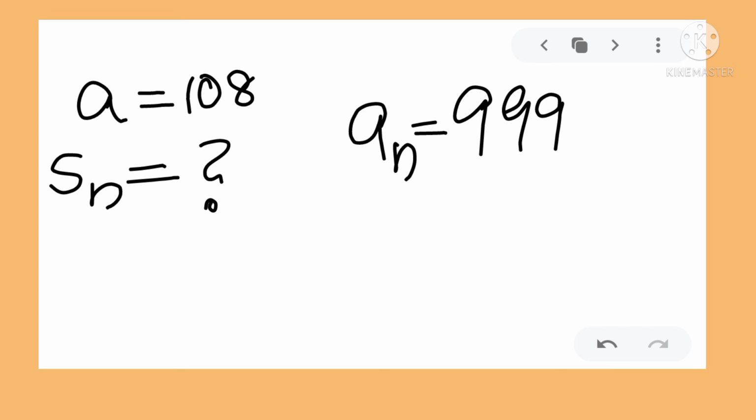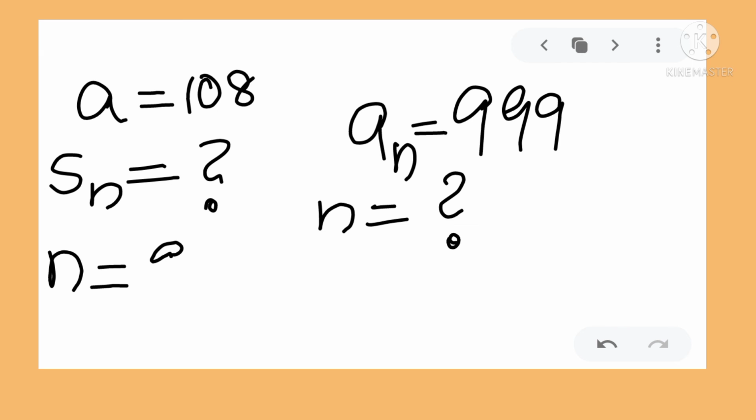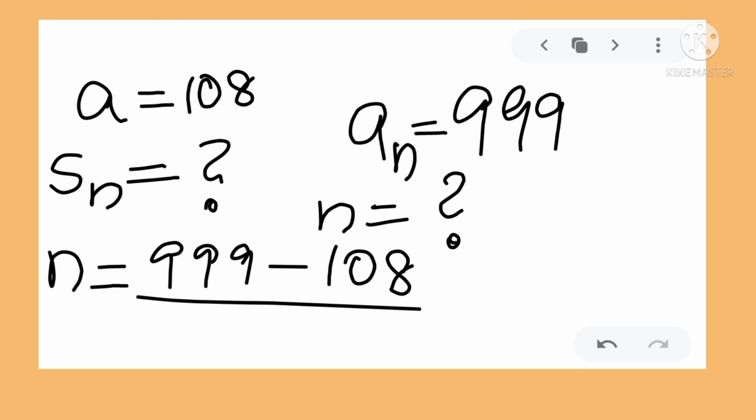For that, we can find the value of n. So n is equal to, using the formula, (an minus a) by d plus 1. What is an? An is 999, minus 108, by d, which is 9, plus 1.